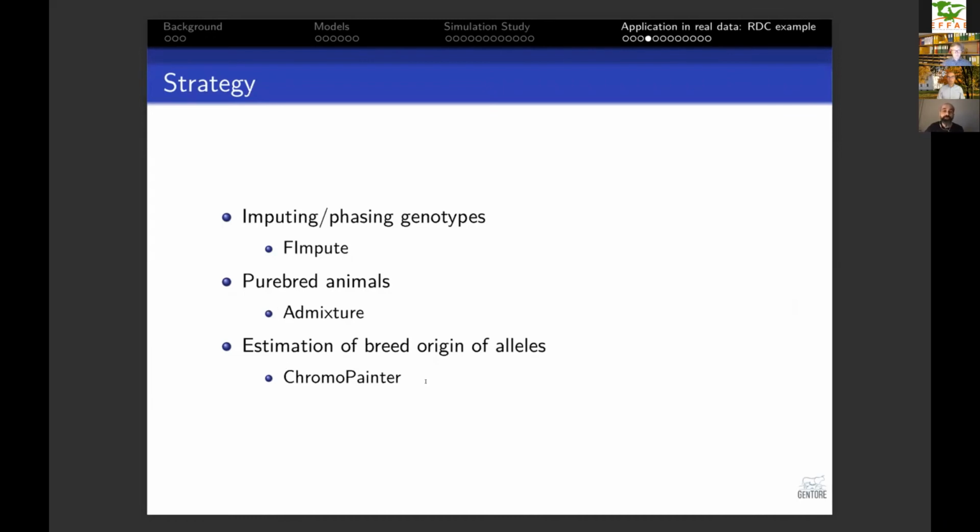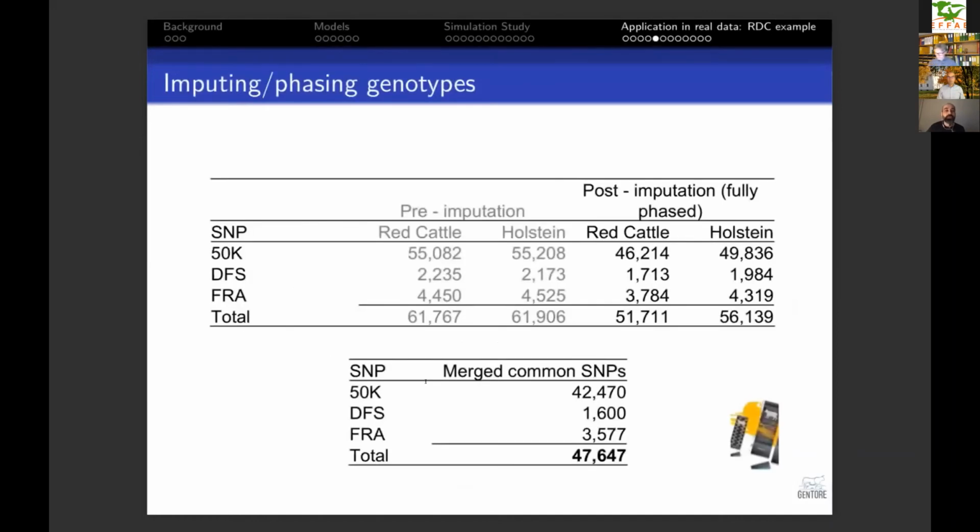So she first phased the genotypes, and then to be able to use the information, because they had different numbers of SNPs in both data sets for Red and Holstein, after phasing she first picked up the ones that were fully phased, because otherwise we cannot use them, and then merged the two data sets based on the common SNPs.